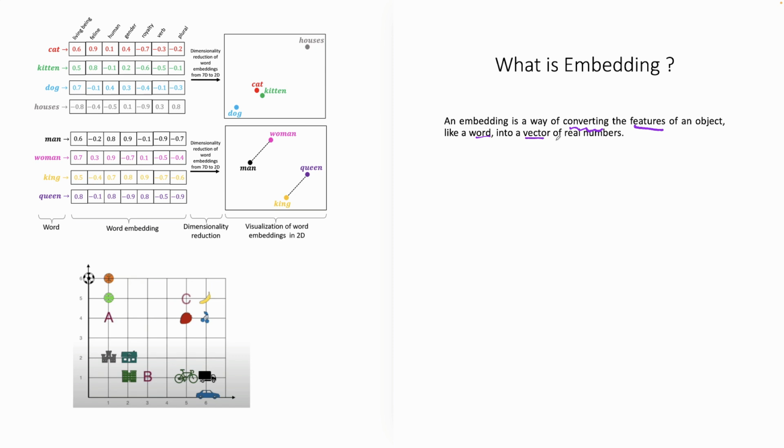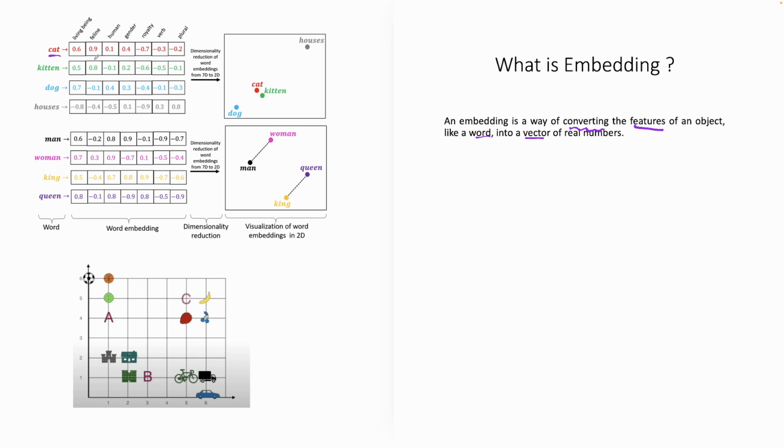Now this is more theoretical, but to understand it properly, I would suggest that you focus on this diagram. Let's say we take an example of a cat. A cat has several features, and we can give specific numbers based on a certain feature. Living being is a feature.